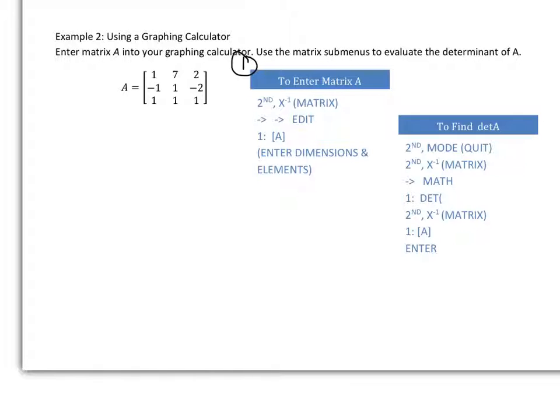If it already says 3x3, just go down to the elements and put in the correct elements. So it'll be 1, 7, 2. And then press enter after each element. 1, enter. 7, enter. 2, enter. And so on.